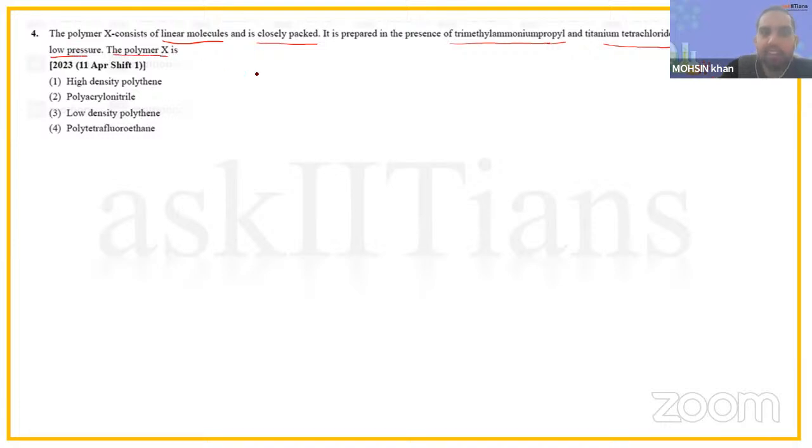So it has a linear structure, is closely packed, and is made in presence of triethyl aluminium and titanium tetrachloride. This is the Ziegler-Natta catalyst. All these conditions match high density polythene. High density polythene is prepared using the Ziegler-Natta catalyst, and has a linear chain. Also, it is closely packed.